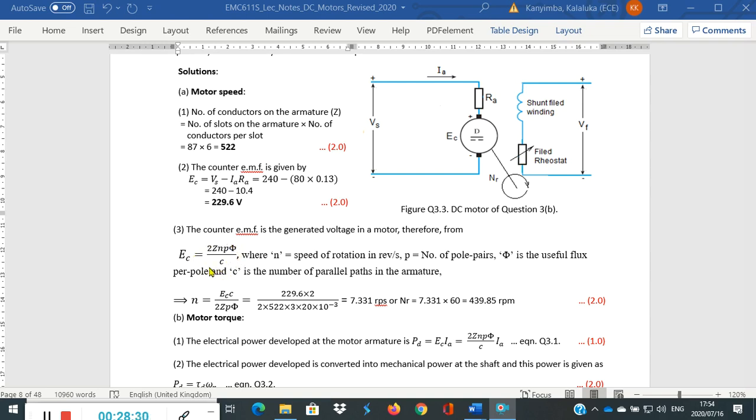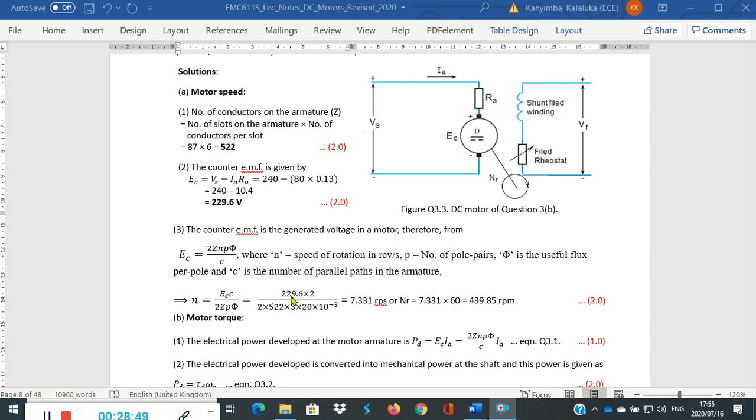Now, from this we can make N the subject of the formula. So N is equal to EC times C divided by 2 times Z times P times phi. All these quantities are given and we have calculated EC.